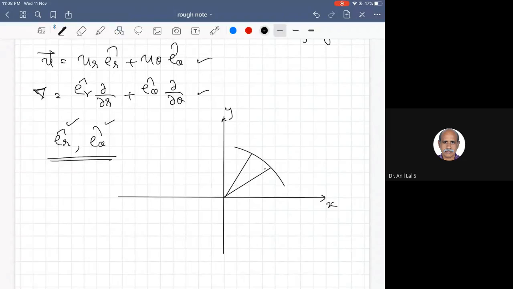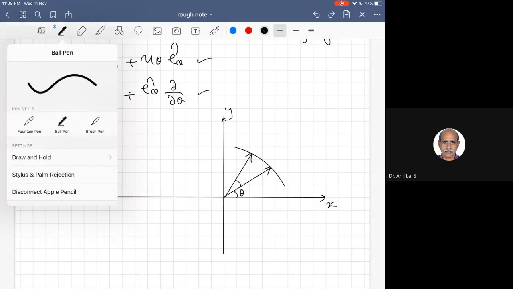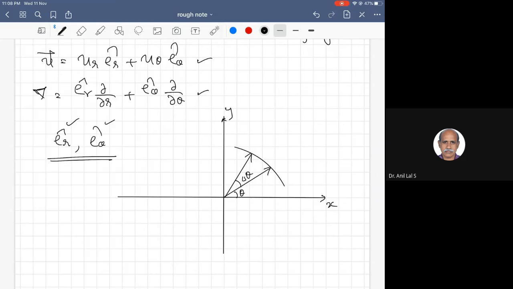Then these are two radial vectors of unit length drawn at some theta and some other theta, separated by delta theta. So this is the er vector because its length is 1 and it is along the radial direction. This is er at theta and this is er at theta plus delta theta. And actually these two vectors are different.